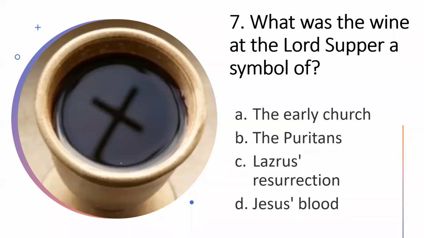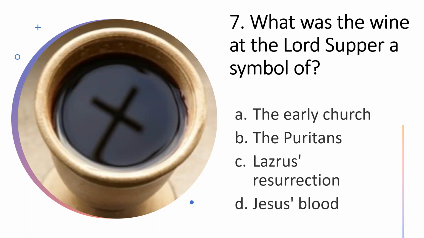Number 7. What was the wine at the Lord's Supper a symbol of? Is it A, the early church, B, the Puritans, C, Lazarus's resurrection, or D, Jesus's blood?